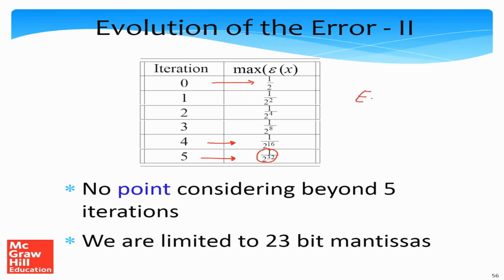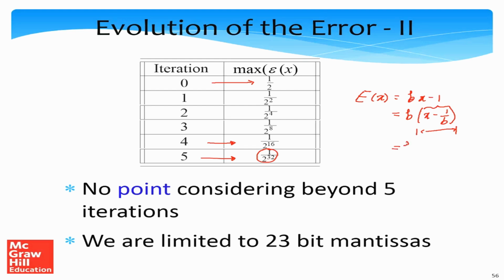So we had said that the error function e(x) is defined as b x minus 1, which is essentially b times (x minus 1 by b). So x minus 1 by b is the distance between our current estimate of the root and the theoretical root. That is the difference between what we want to compute, 1 by b, and what we currently have.